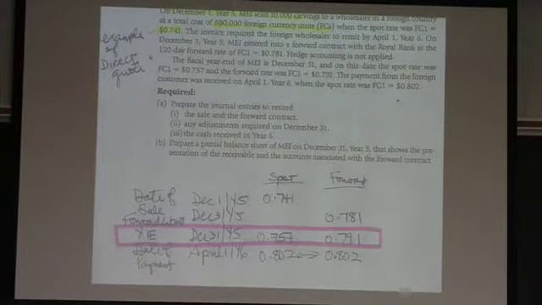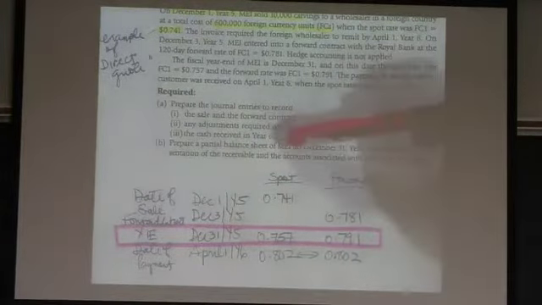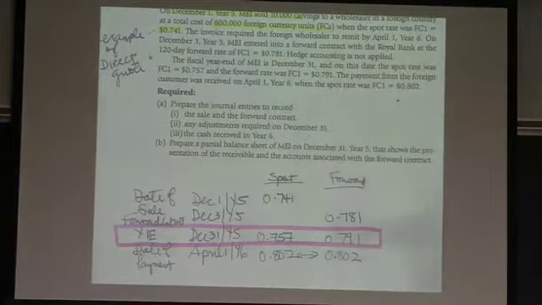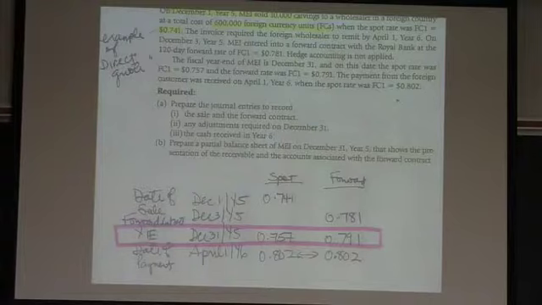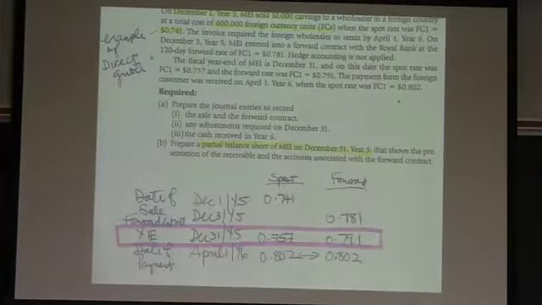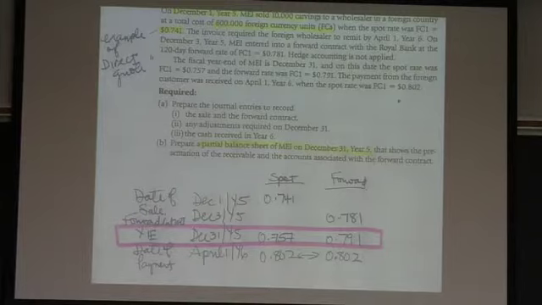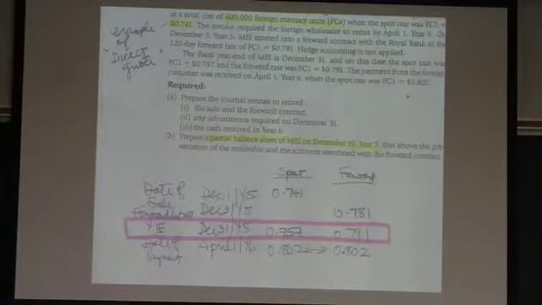And then we also need to provide the transaction on the date of payment. Part B asked us to prepare a partial balance sheet of MEI on December 31st, showing the receivables and accounts receivable associated with the forward contract as well. Okay, so that's essentially the question that we're going to do.